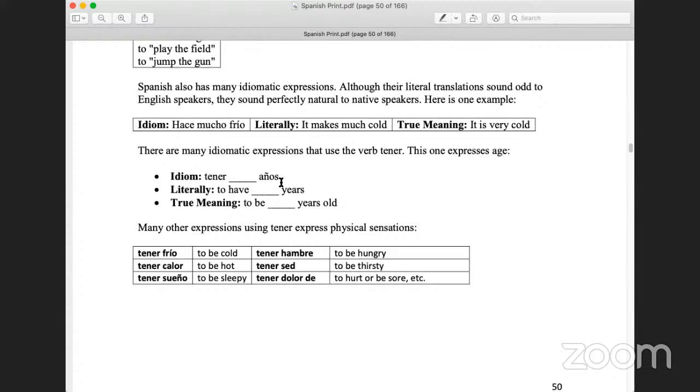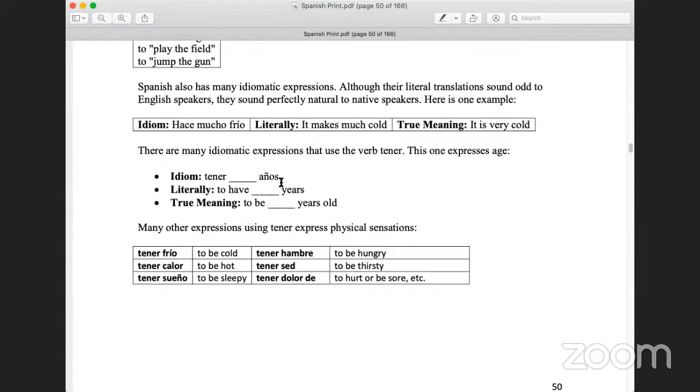There are many idiomatic expressions that use the verb tener. This one expresses age. Idiom, tener, whatever number, años. So tener 44 años. I'm 44 years old. But it literally means to have 44 years. Okay, so don't forget, tener means to have.